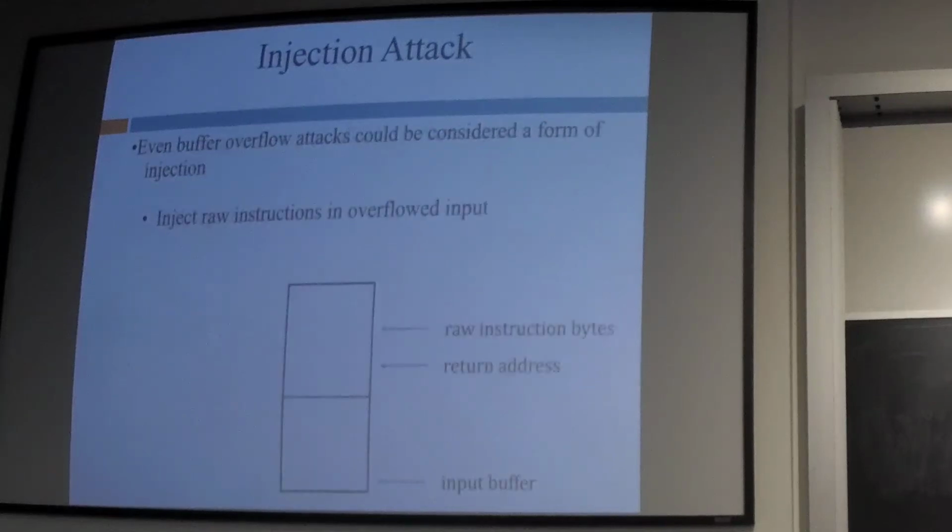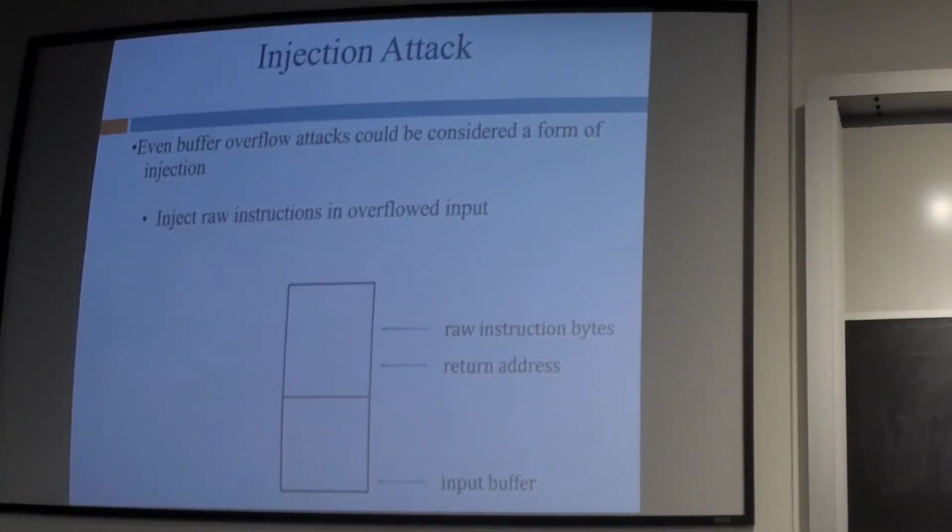There's even, going way back, an older form of injection attack. So most of you have probably seen or heard of buffer overflow attacks, where say some C program is asking for input on a keyboard, and you have the input buffer somewhere in memory, which only goes up to that line.